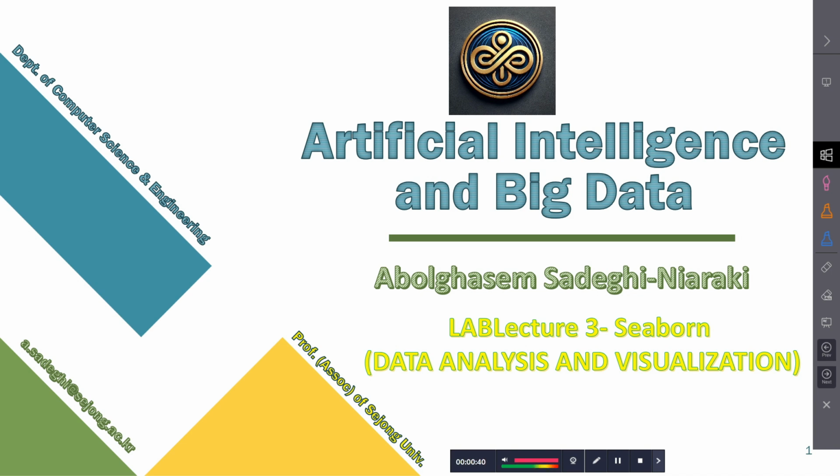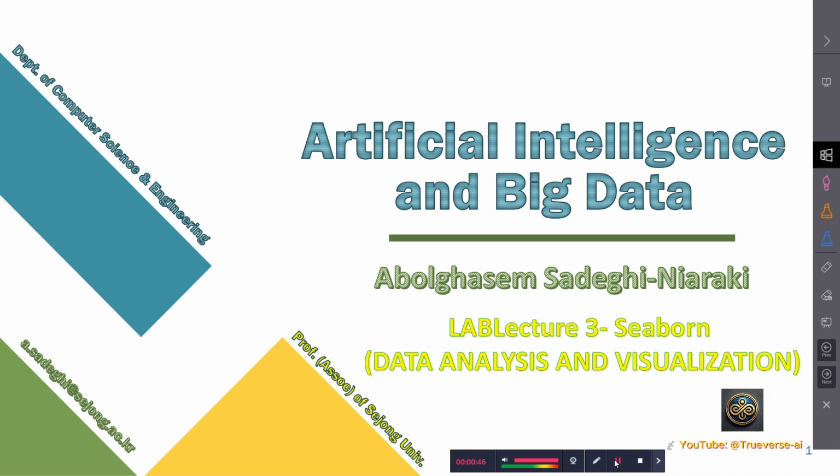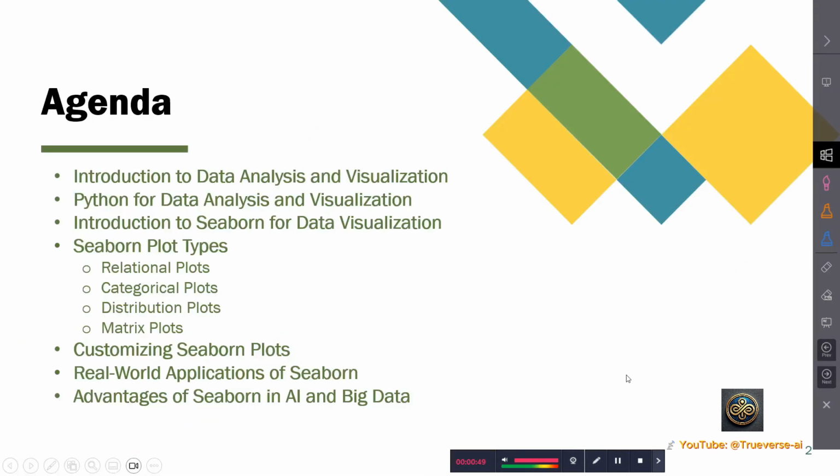Remember, in a data-driven field, we discuss a lot about that one. Let's move to the agenda of today's lecture. As usual, for data visualization, we will start by mentioning data visualization and Python libraries.